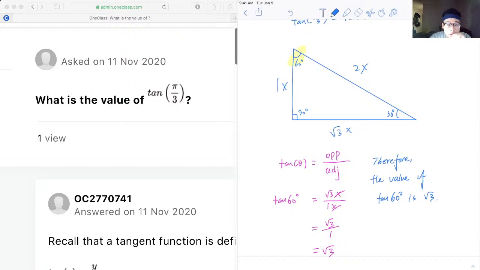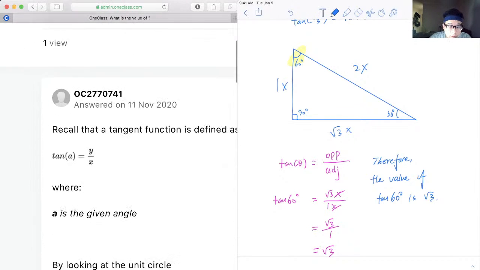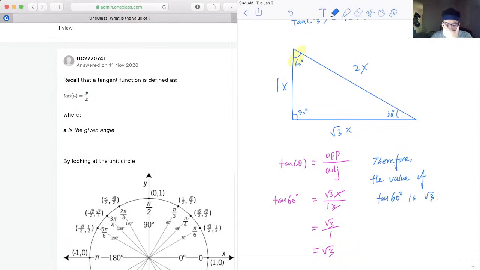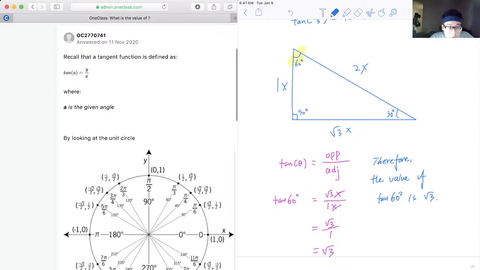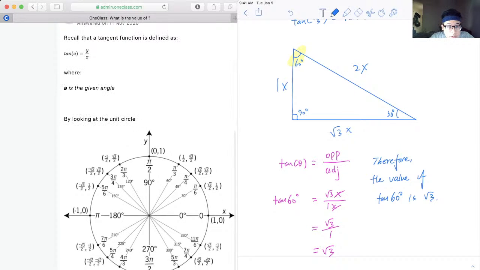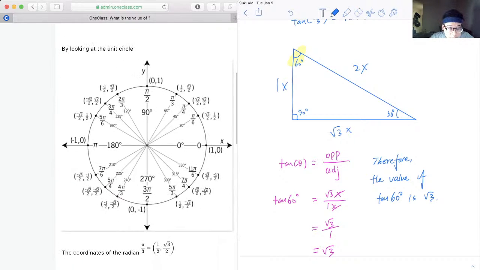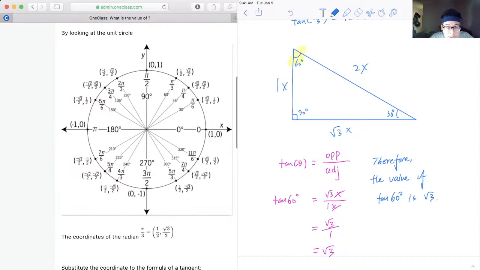Okay, so let's leave a comment. Or you can also approach this question like Janine The Tutor did here. She states that A is a given angle, and by looking at the unit circle, you'll find the coordinate of radian pi over 3 is 1 over 2 and root 3 over 2.